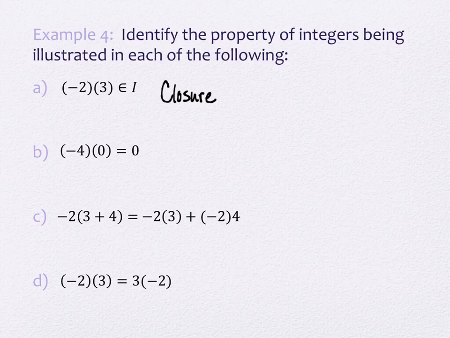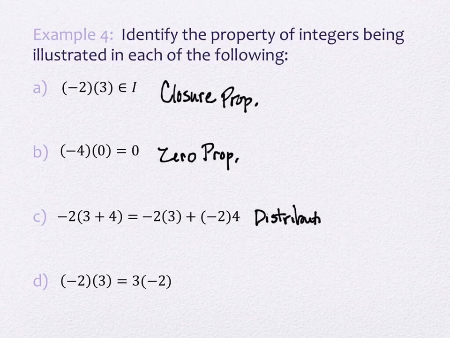How about B? Yep, that's the 0 property. How about C? That is the distributive property. And how about D? Commutative, very good.